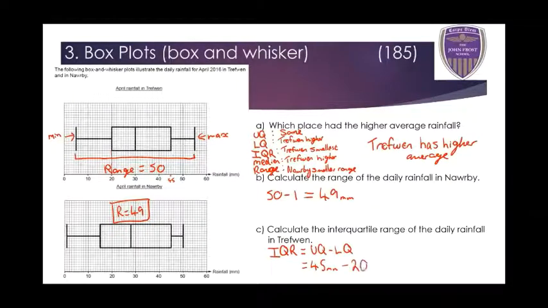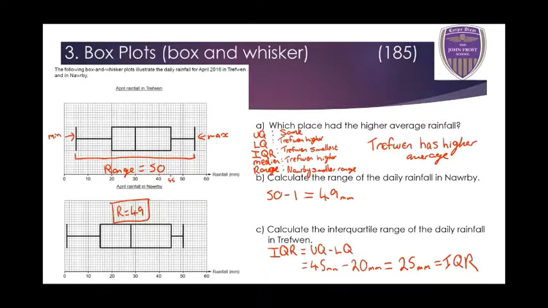So 45 take away 20 millimeters is equal to 25 millimeters, and that is the interquartile range. Okay, so box and whisker plots, again, this is just a brief summary. Feel free to go back to a lesson to double check your knowledge on this topic.